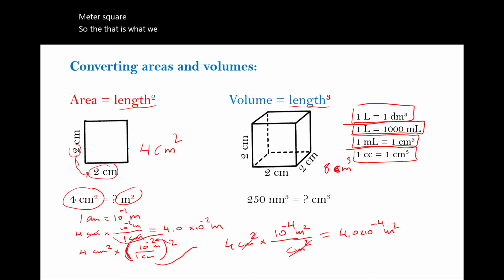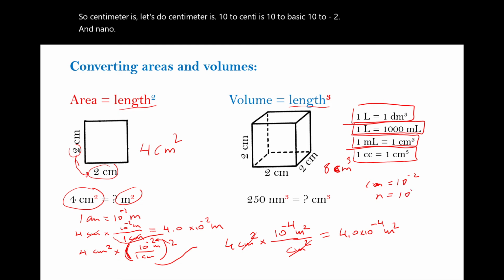Now this one here, I don't get too much space here. So nanometer and centimeter. Centi is 10 to negative 2, and nano is 10 to negative 9.